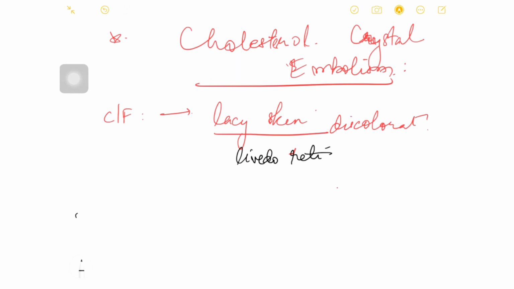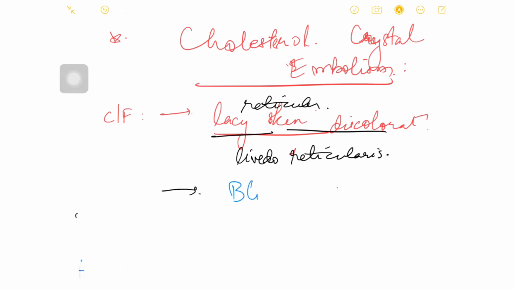Yes. But you are right, they are not going to give you livedo reticularis in the question. They'll give lacy skin discoloration or reticular skin discoloration or erythema that blanches on pressure, all those things. Anyways, just remember any skin condition. Then what else? One more typical dermatologic thing for cholesterol embolism: blue toe syndrome. Always remember blue toe.